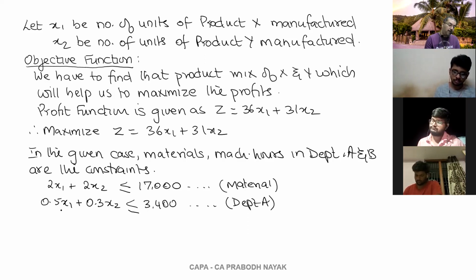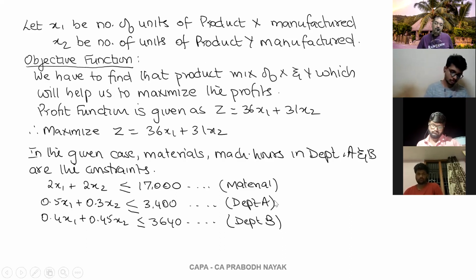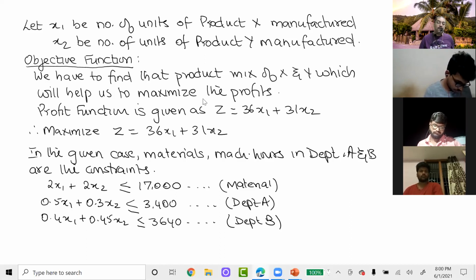Last one, Department B: 0.4 x1 plus 0.45 x2 less than or equal to 3,640. Tell me, what are the other constraints in the problem?